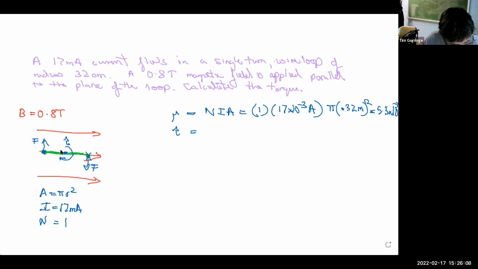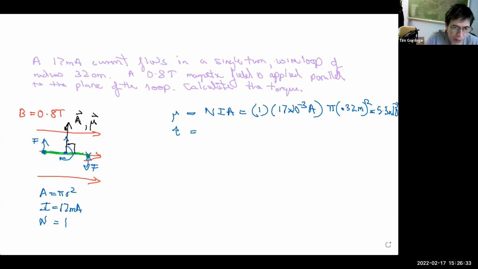The magnetic field here, which is one of the two vectors, is from left to right. The area and also the magnetic moment are also vectors, and they're perpendicular to the face of the loop, and that's this vector here.